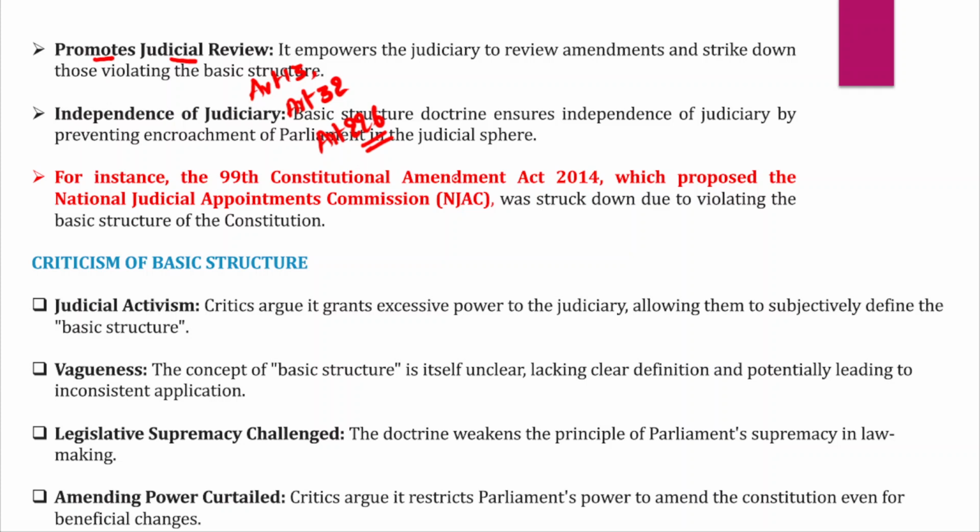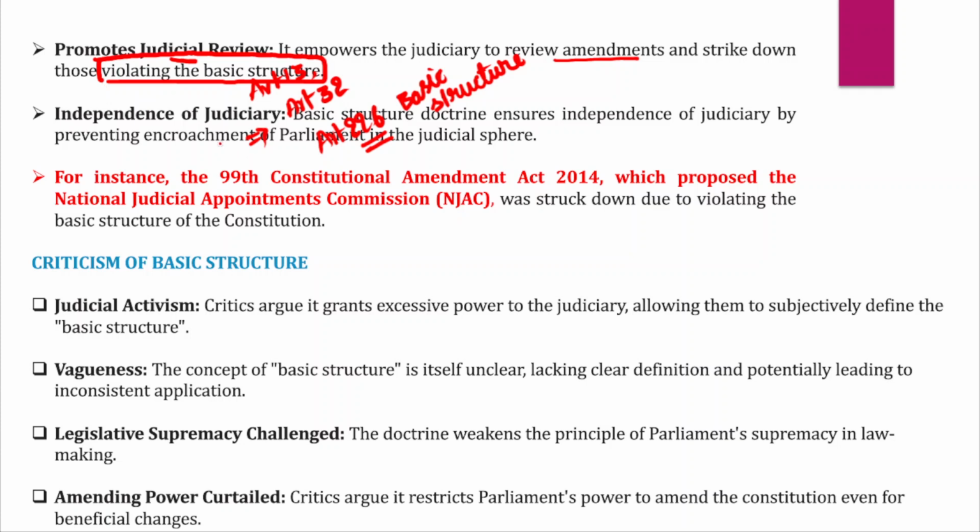So this basic structure doctrine promotes judicial review because it empowers the judiciary to review amendments and also strike down those which are violating the basic structure as well.